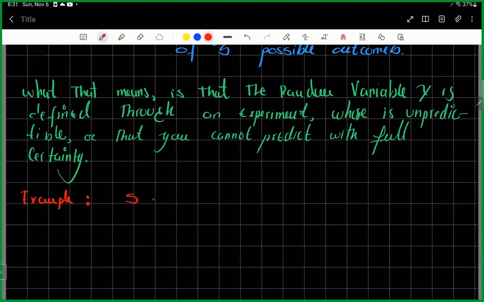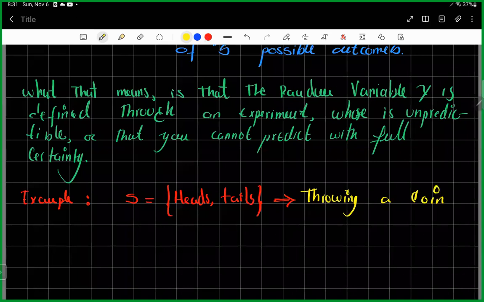So S is equal to heads or tails for the case of a coin. Okay, throwing a coin, that's the experiment. So let's write it in yellow. Throwing a coin. This is the experiment.